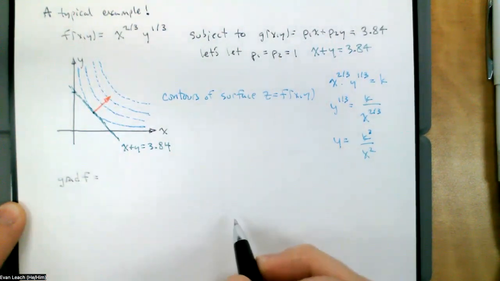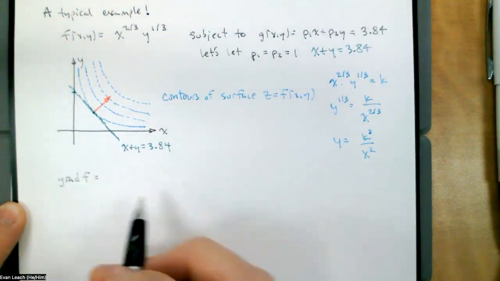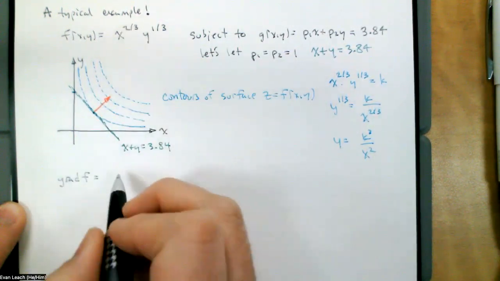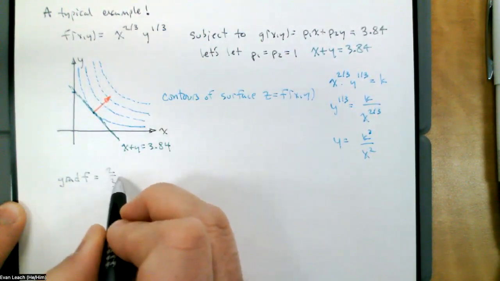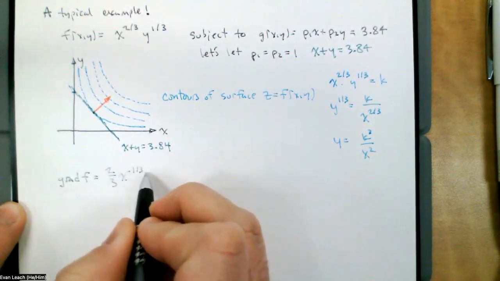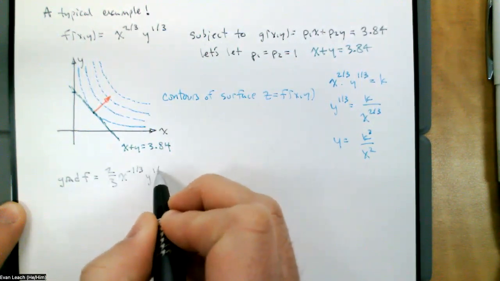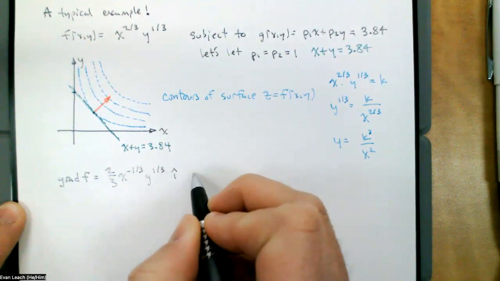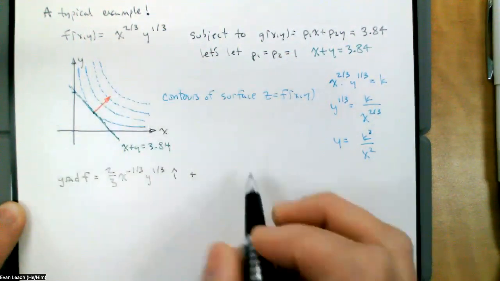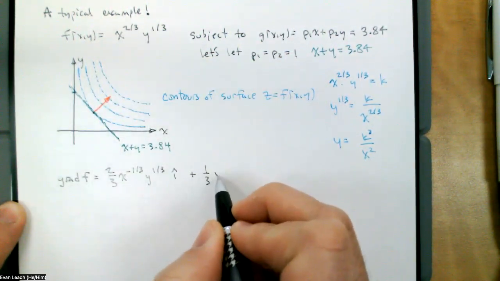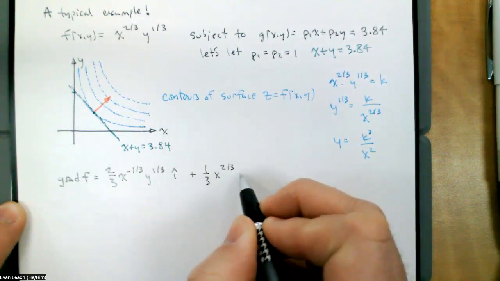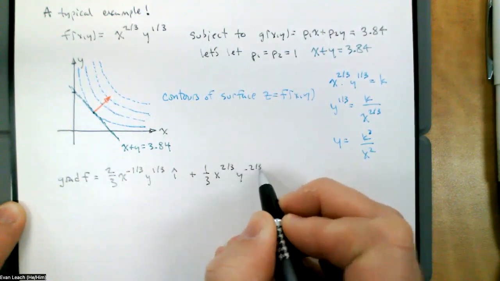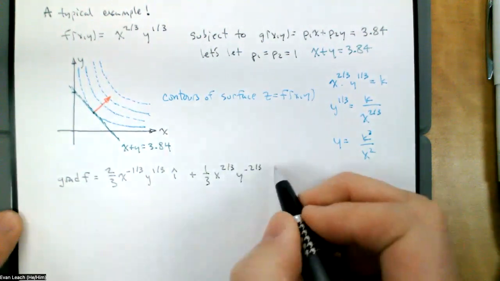Let's find the gradient of f. The gradient of f is the partial with respect to x in the i direction, and the partial with respect to y in the j direction.